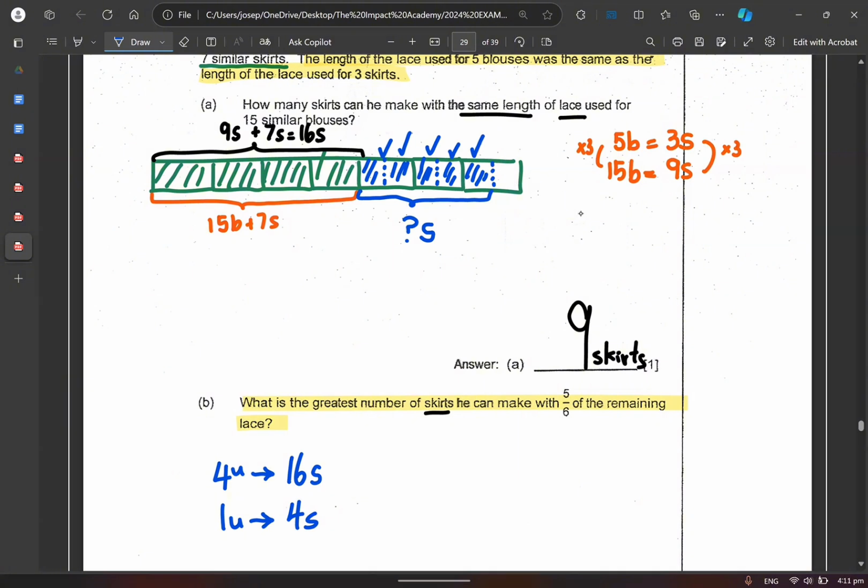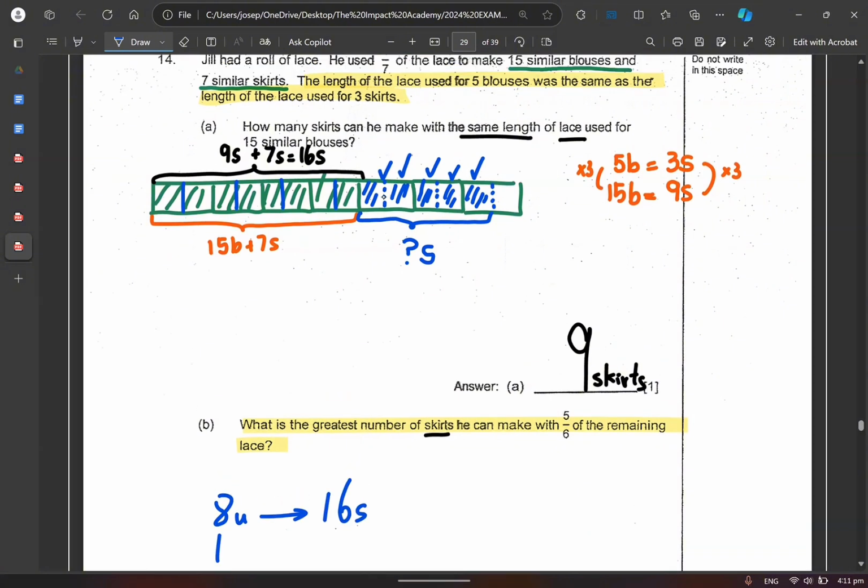No, in fact, this part is wrong. Do you know why this part is wrong? Because we forgot to split. When I do something to my right, I must do something to my left. If not, it is not equal. Am I making sense? So actually, it should have been 1, 2, 3, 4, 5, 6, 7, 8. 8 units is actually equals to how many skirt? 16 skirt.